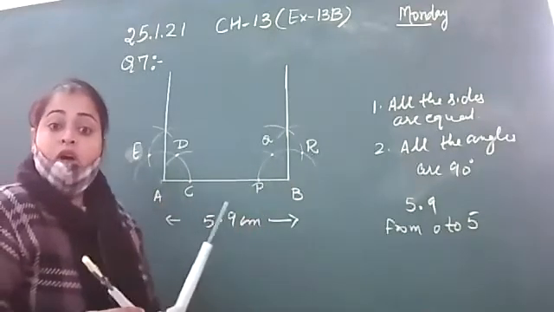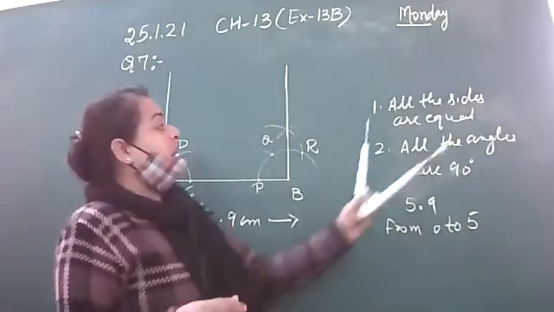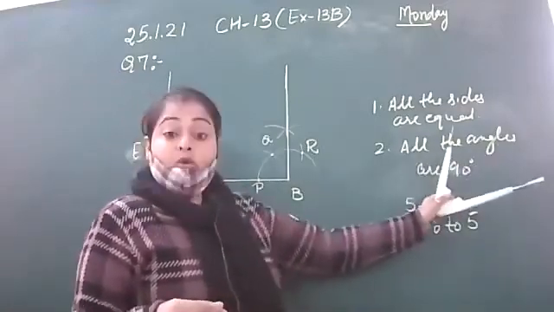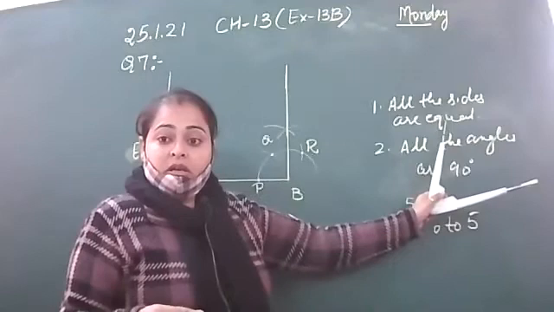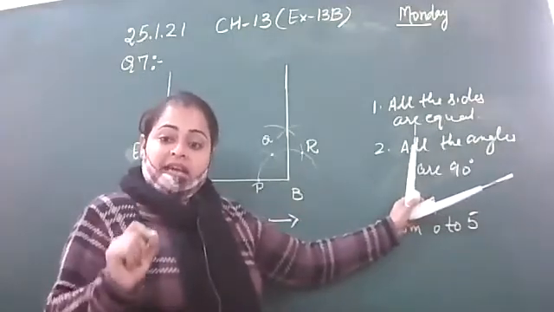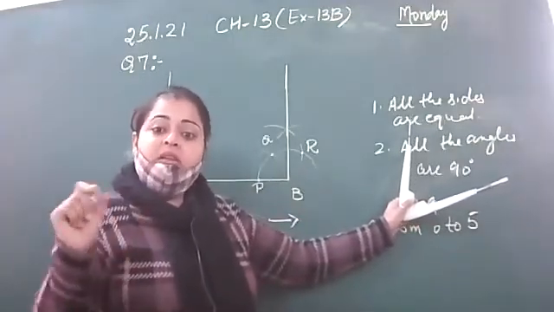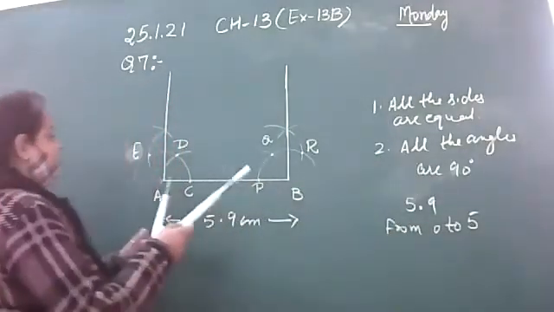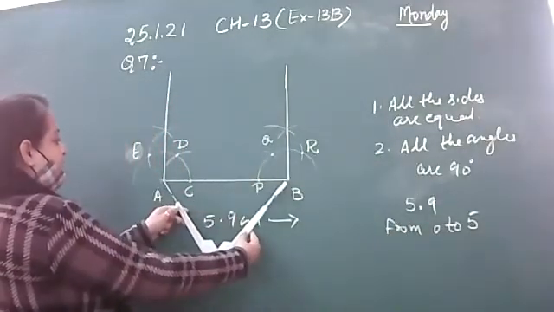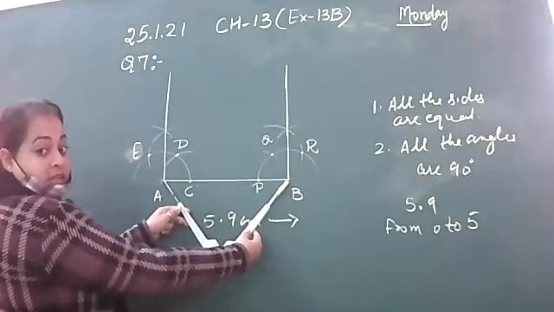Why? Because in a square all the sides are equal because of this property. We want all the sides equal to 5.9 centimeter. So open your compass 5.9 centimeter like this.